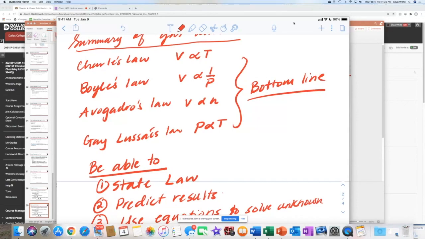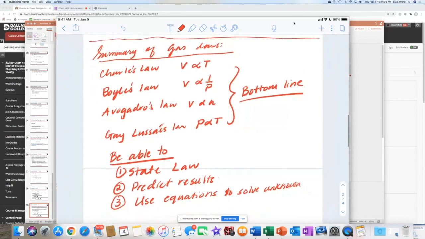This is our plan with these four gas laws. First, we state the gas law. We will try to predict the results based on what it's saying in the gas law, so the results will have to match the gas law. Then we'll use the equation to solve for the unknown, which is usually just the one thing that's missing in the gas law.